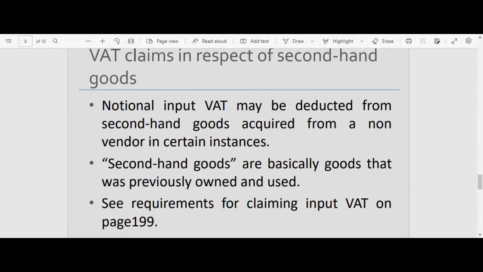Let's take motor vehicles as an example. They are buying their second-hand motor vehicles from private citizens, from you and me, and we as private citizens are not registered VAT vendors normally. So we cannot raise value added tax, which means there's no input tax for the second-hand car dealer.